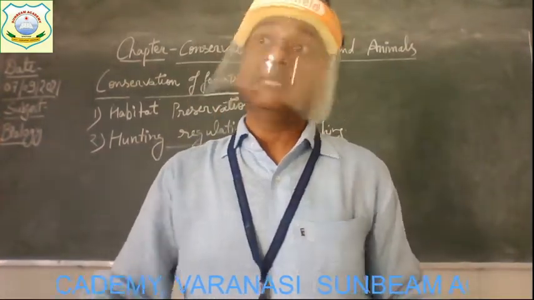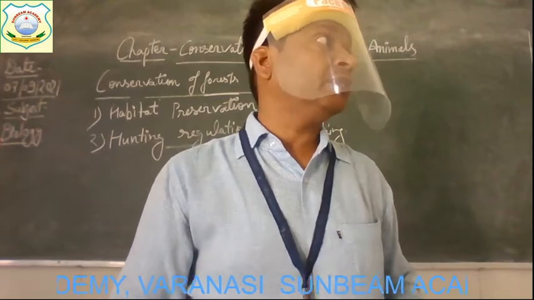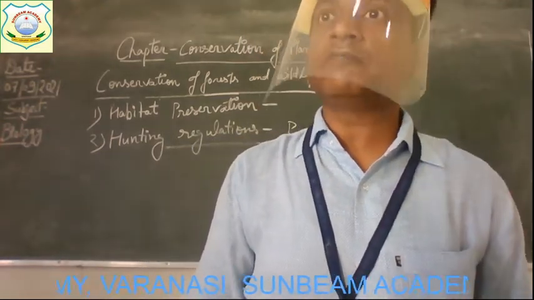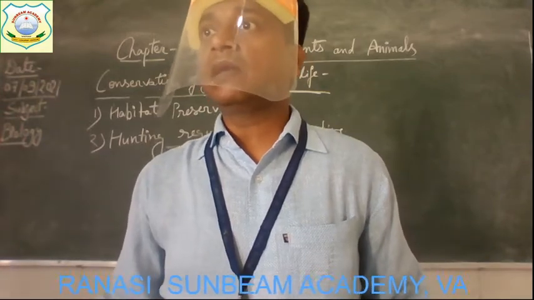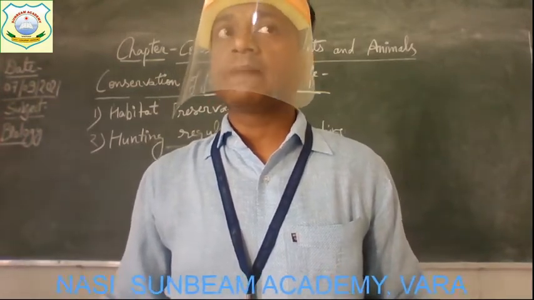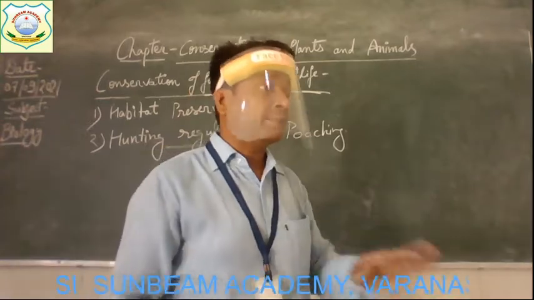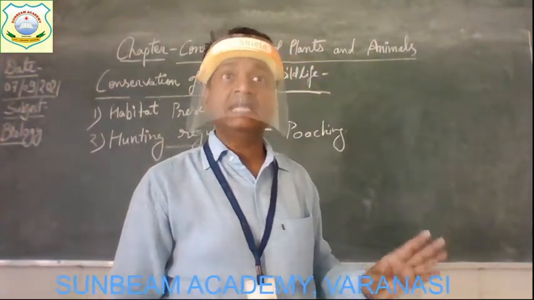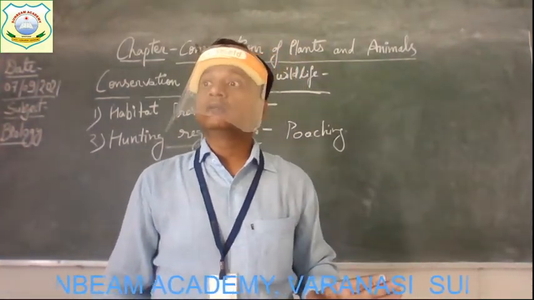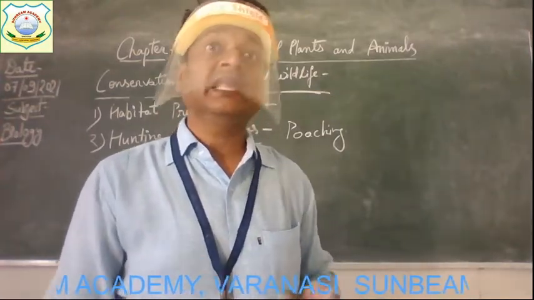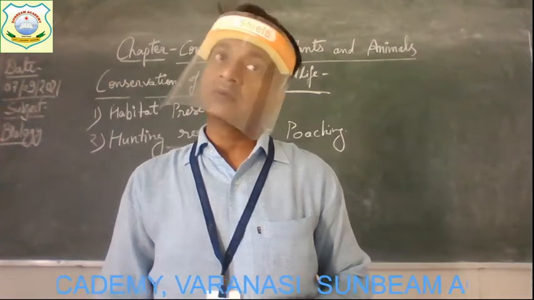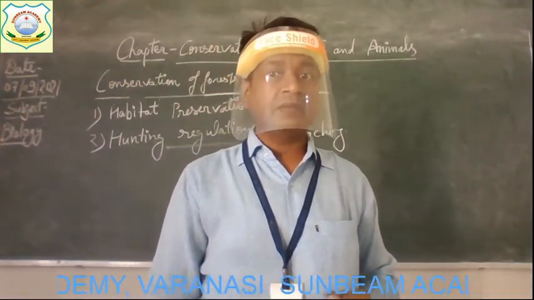No. It must be applied by everyone, by every department, by every officer. Then it will be effective, otherwise it will not be effective. Clear? So if we want to completely stop the hunting of wild animals, the laws made by government should be implemented effectively. Okay, understood everyone?